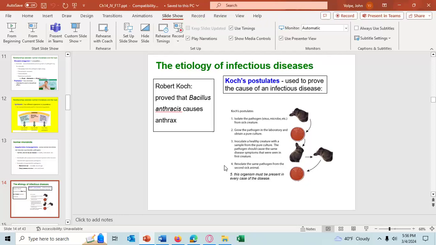Koch's postulate was not used when Louis Pasteur's lab came up with Haemophilus influenzae as the cause of the flu. What Louis Pasteur's lab did was sample flu patients to see if any of them had a bacteria that might be causing the flu. And he found one that was present, at least in some flu patients, and he named that bacteria Haemophilus influenzae.